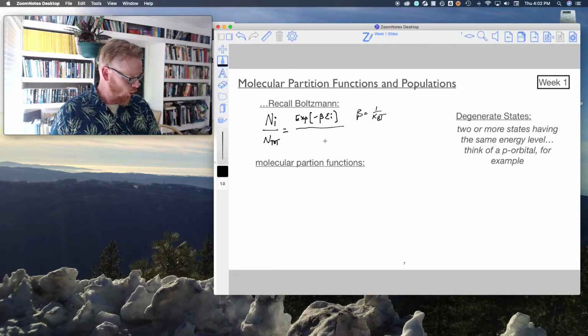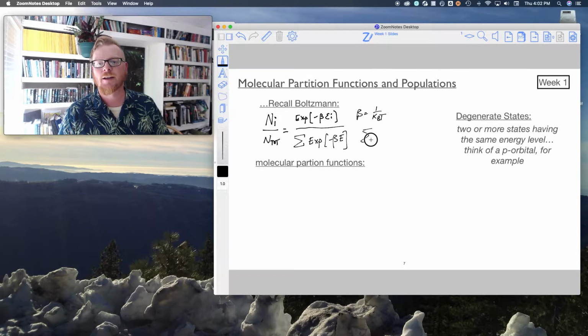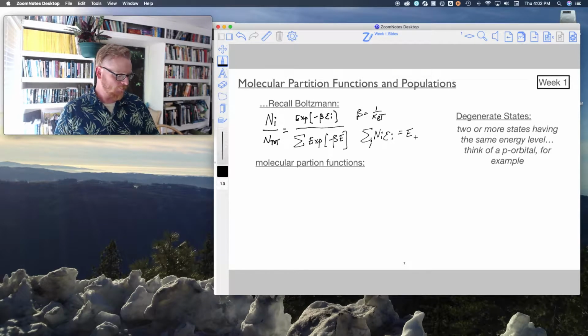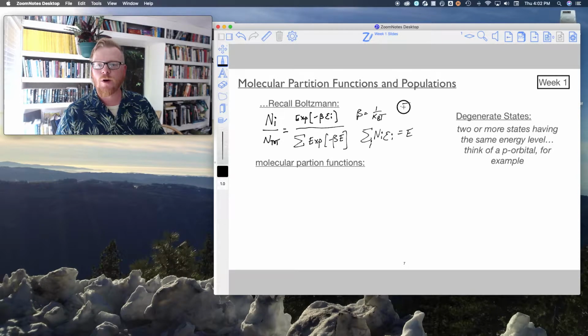And if I want to divide this by the total number of molecules, then that's the sum of all of these exponential contributions, where now I'm going to say that's beta times capital E. In this case, the sum of all populations N_i times their respective energies gives me the total energy E. And of course, the sum of all populations N_i will equal N in total.